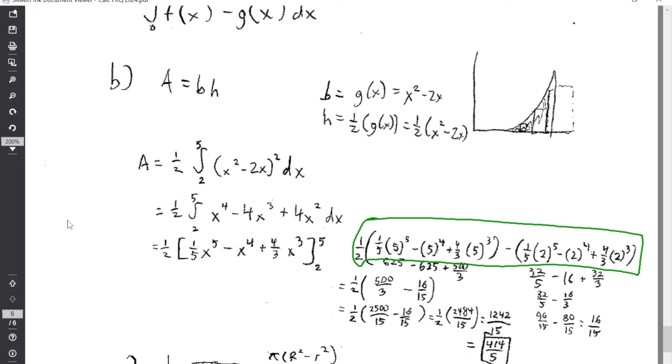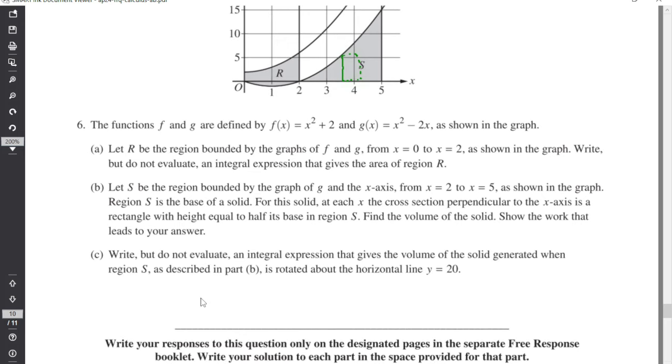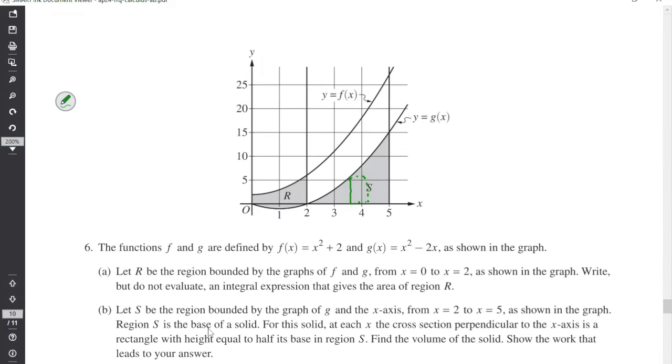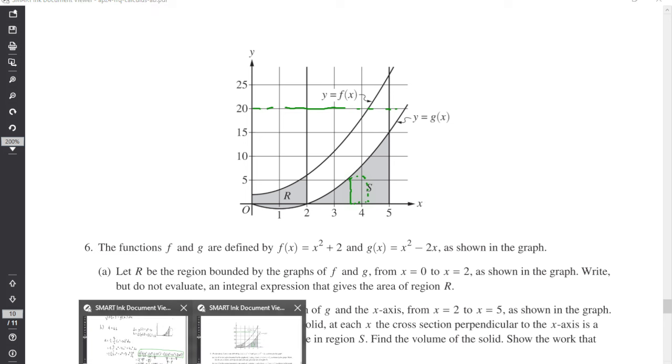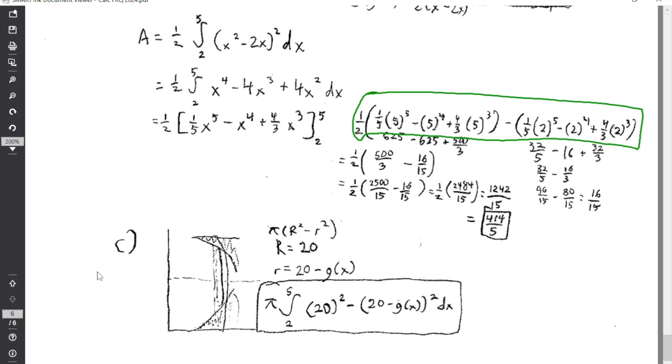And then the last one we'll do is that we have our discs and washers. We're revolving around the horizontal line y equals 20. Y equals 20 is around here. So we're going to revolve around it by making a washer. So I have our washer here. It's pi times big R squared minus little r squared.